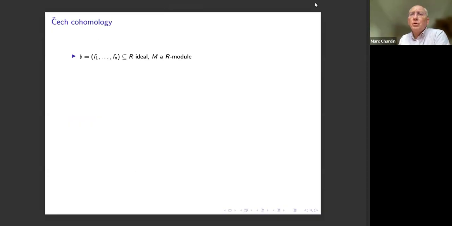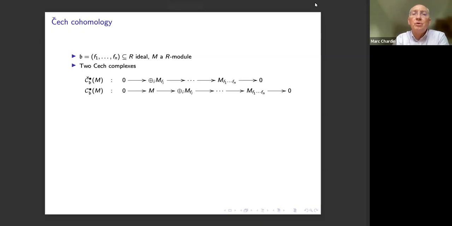First, in a very general setting, you have a finitely generated ideal in a ring. It could be the ring R, but it could be any commutative ring, and you have an R-module. Then one can define two Čech complexes that you see everywhere in the literature.